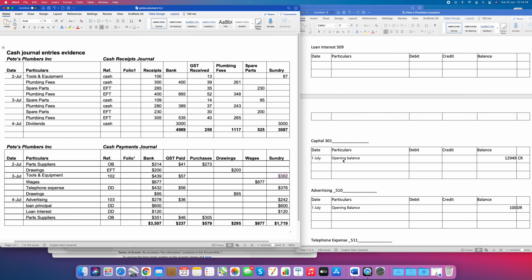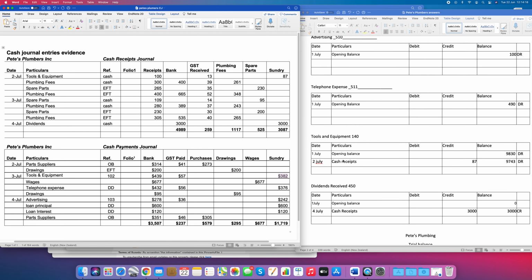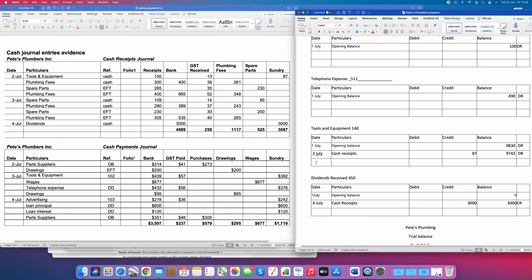So let's go down and find tools and equipment. And there it is. And we're just going to put that information in there. That was on the 3rd of July. Cash payments. And it's from the cash payments journal, so we're going to debit $382. Line it up. And so we'll be adding that on.